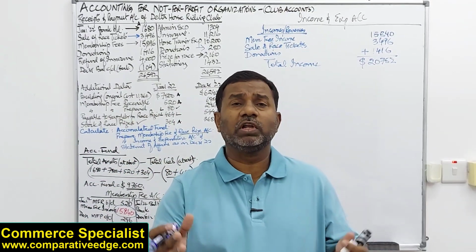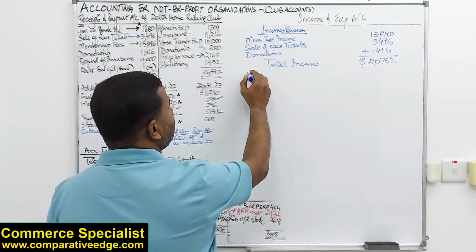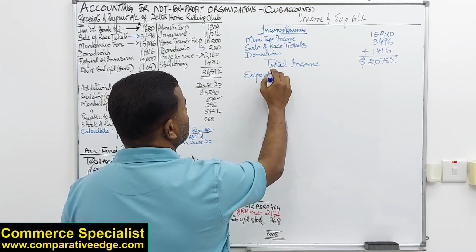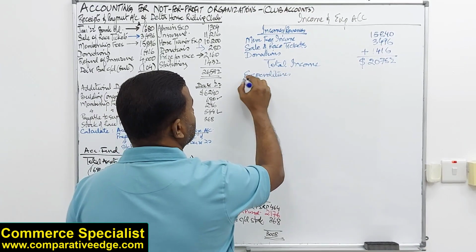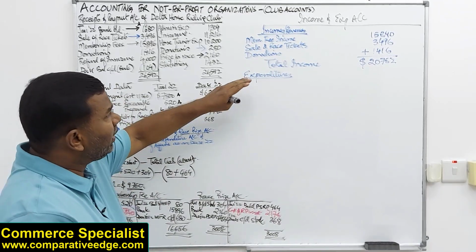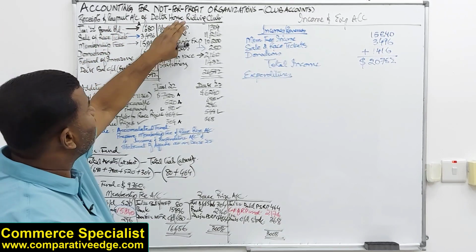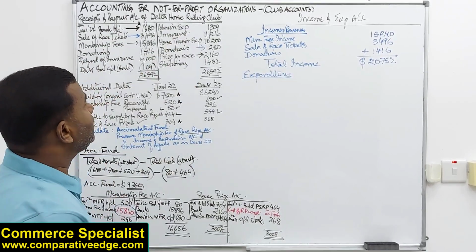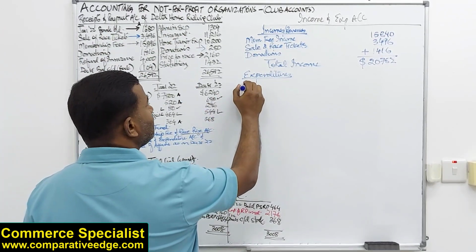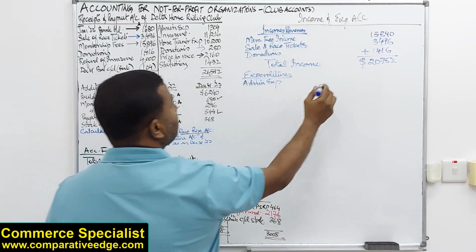The next step is, what are the total expenditures of the club? So I'm writing here expenditures. I highly recommend, when you are trying to find expenditures, look at the payment side. This is the receipt side, this is the payment side. The very first we come across is administration expenses, which is 1,304.